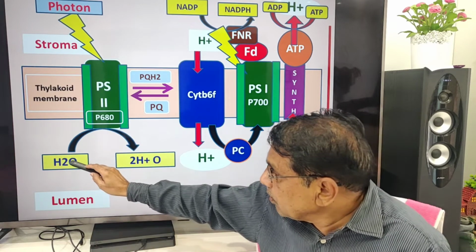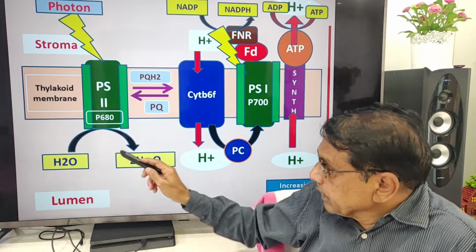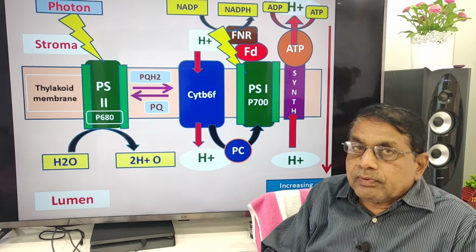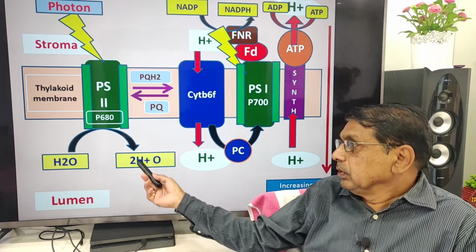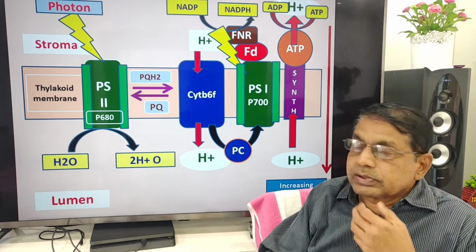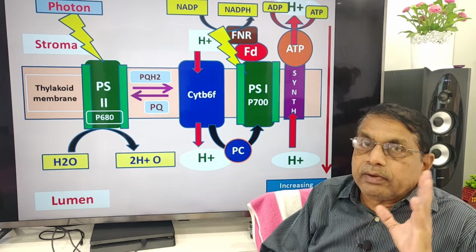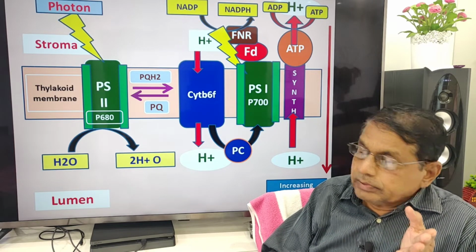Here the water molecule undergoes splitting. What are the products of photolysis of water? 2 protons, 2 electrons, and 1 molecule of oxygen.